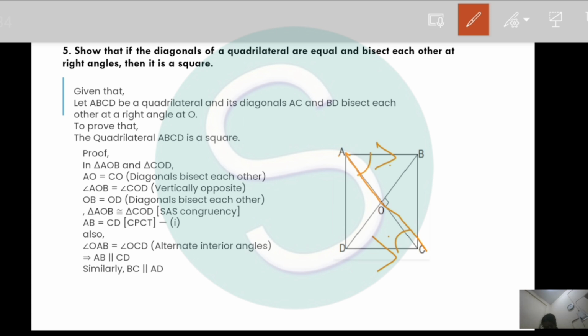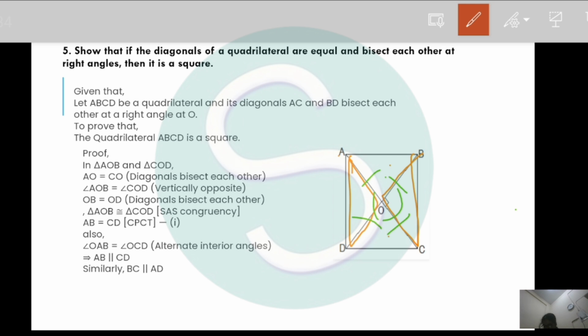Similarly, we can prove these two triangles congruent, that is, AOD और BOC इनको भी congruent prove कर सकते हैं same way में, like this side is OB equals to OD, OC equals to OA, and this is vertically opposite angles.